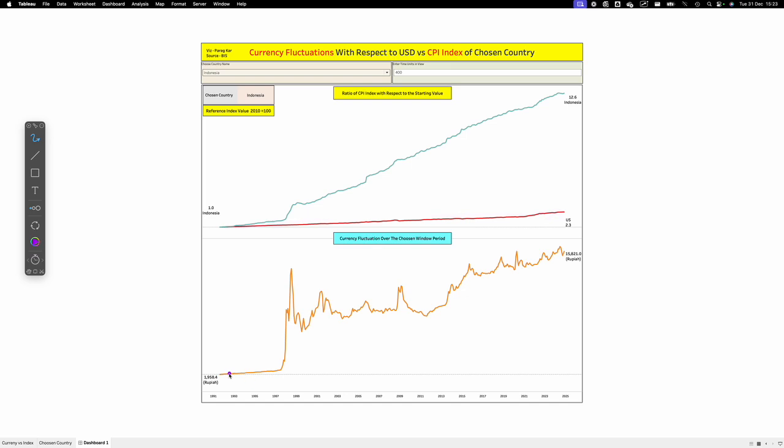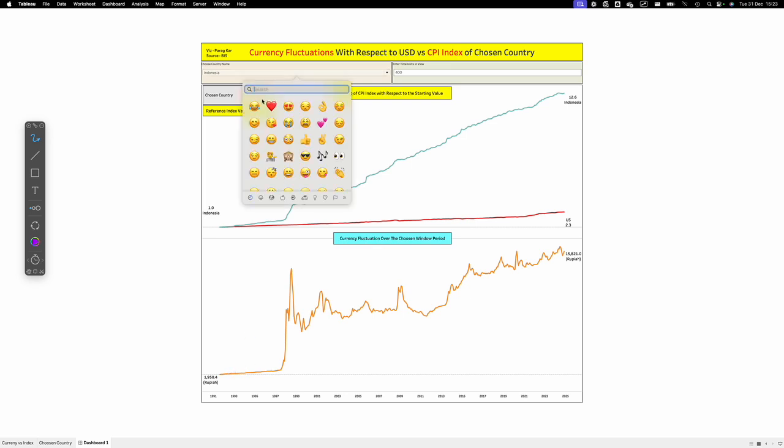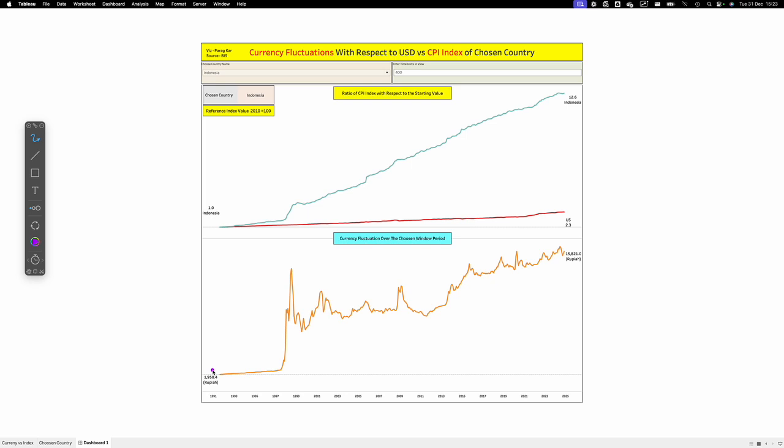Similarly, you will find that the Indonesian currency has also depreciated. There was a huge spike of depreciation here. There could be other macroeconomic shocks at that particular point of time. But on average, you will find that it started here and then it went and depreciated to this value.